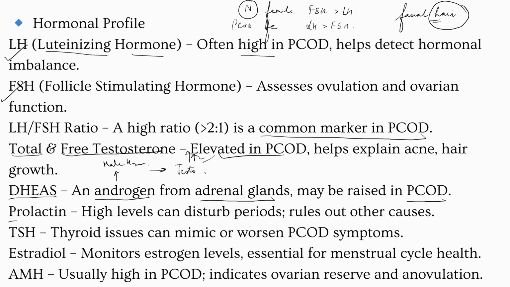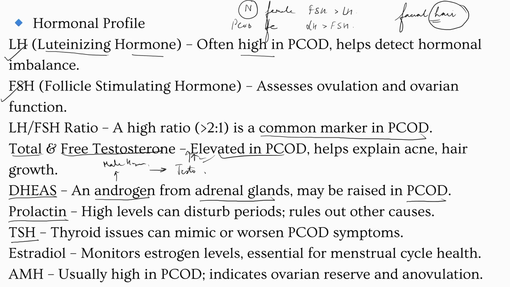Okay, now prolactin. If there are high levels, please rule out other causes like prolactinoma or anything else, pregnancy maybe, because in PCOD, prolactin is usually found to be normal. Again, thyroid is also done to exclude thyroid issues.